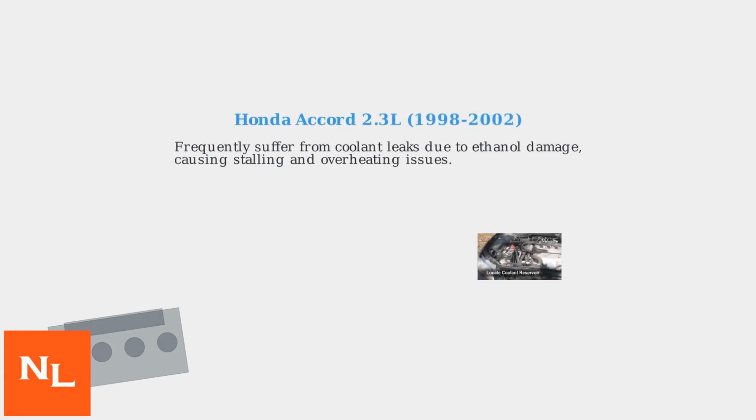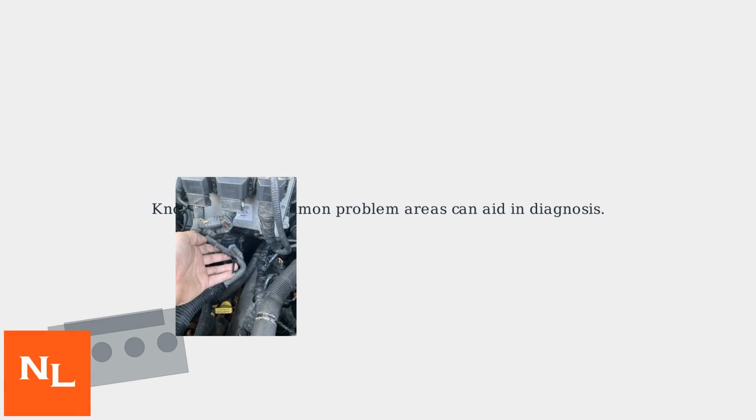Honda Accord 2.3-liter models from 1998 to 2002 frequently suffer from coolant leaks due to ethanol damage in the fuel, causing stalling and overheating. Knowing these common problem areas in specific vehicle models can aid in quicker diagnosis and repair.